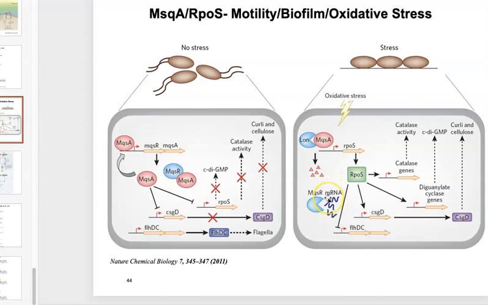So that RpoS can now do its job, get synthesized, and block the flagella operon and activate these stationary phase essential stress responses like CsgD, which is needed for curli and cellulose, and the diguanylate cyclase, which is the signal that allows these cells to function optimally and to activate the catalase genes for combating the oxidative stress.